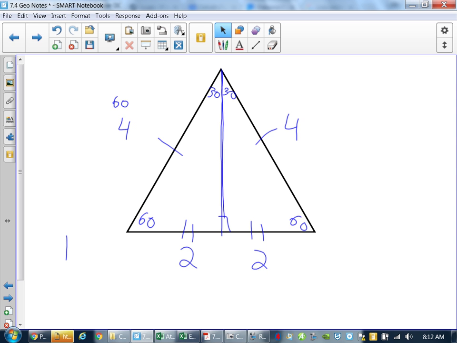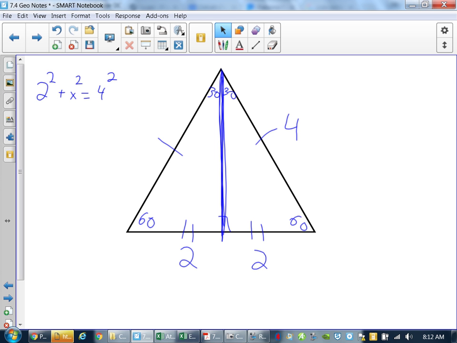Is this part here a leg or a hypotenuse? Leg. It's a leg. So we use the Pythagorean theorem to solve for it. So we'll say 2 squared plus something squared is 4 squared. You okay with that?